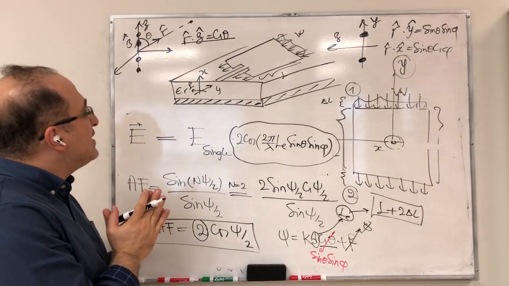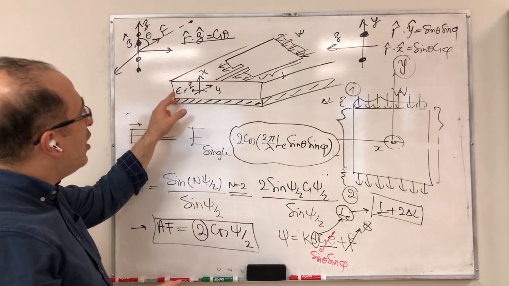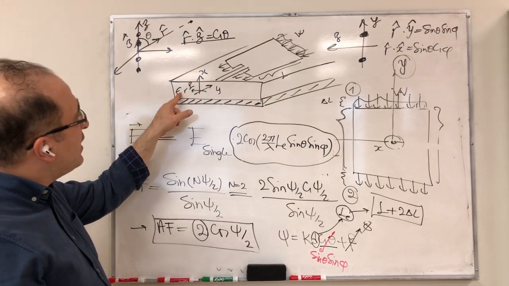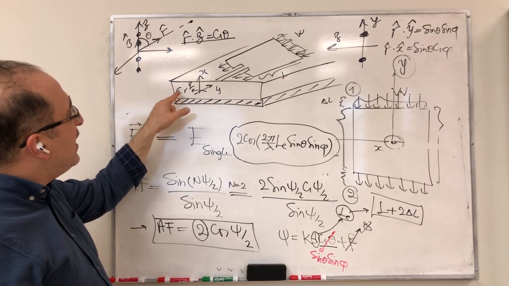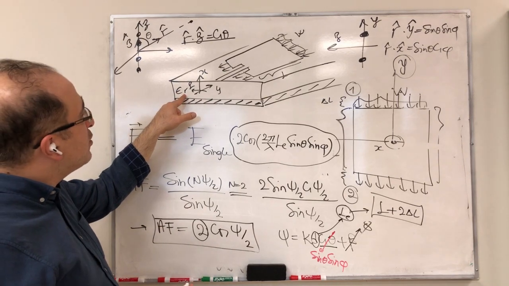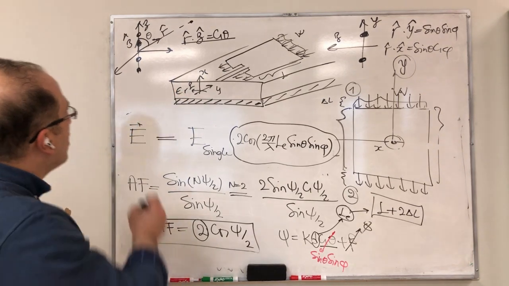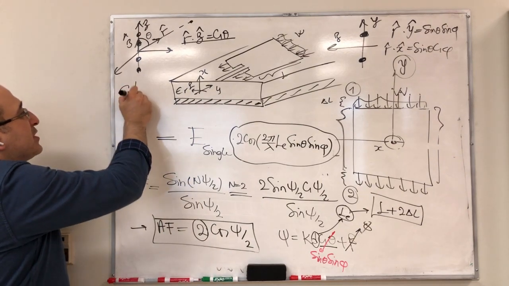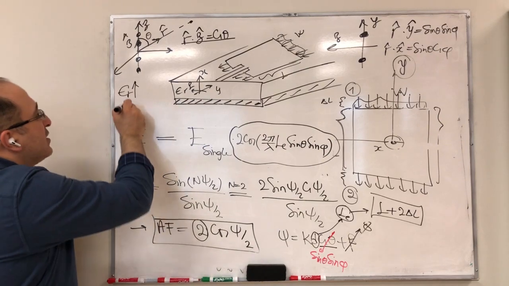Now to wrap up my discussion, let me also remind you that epsilon r is very important, because when you calculate wavelengths, you're going to rely on epsilon r effective, and epsilon r effective is affected by epsilon r. So if you increase epsilon r, then wavelength drops.